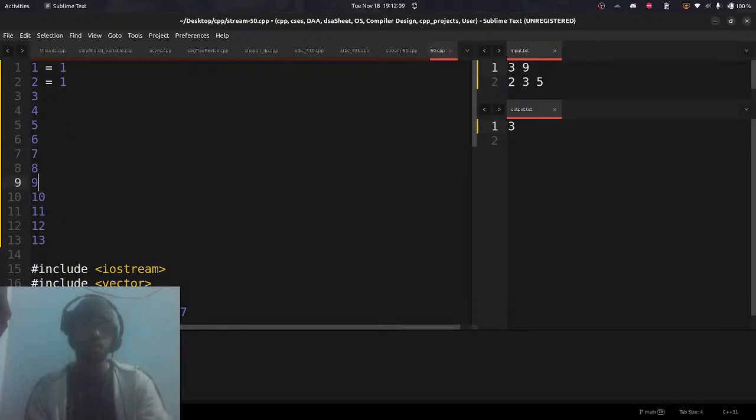So till 9 we need only one step. From 10 we need 2 steps. For 11 we need 3 steps. For 12 we also need 3 steps.